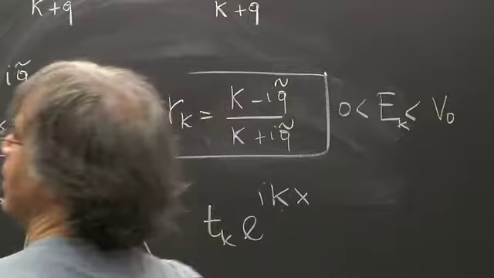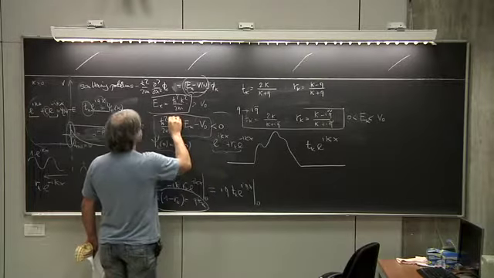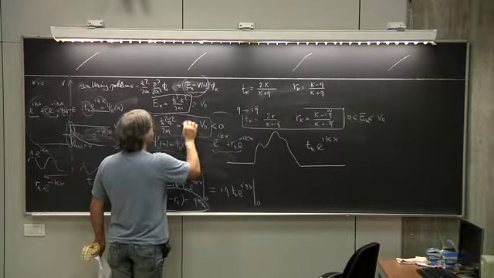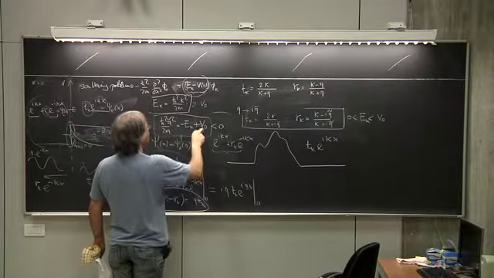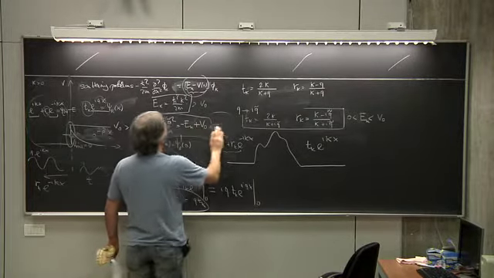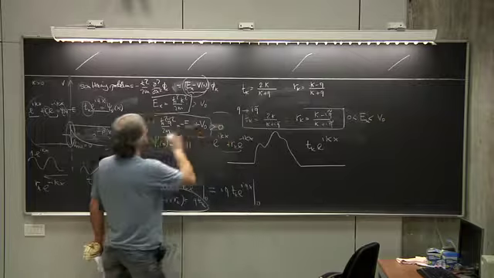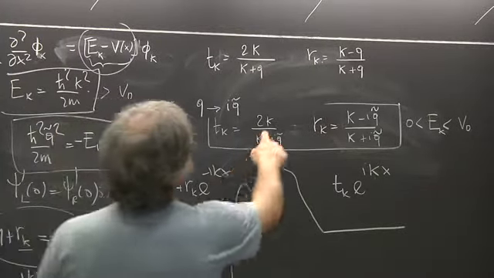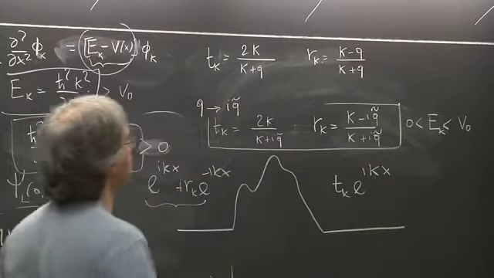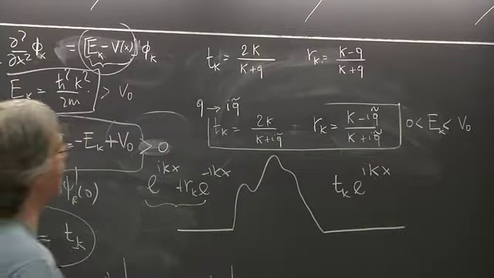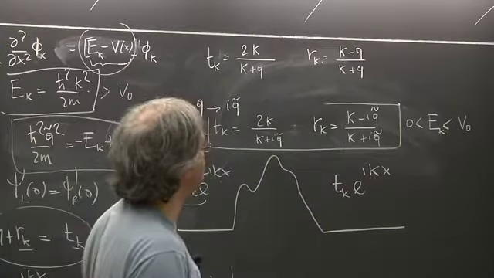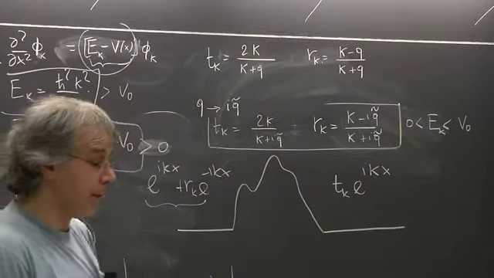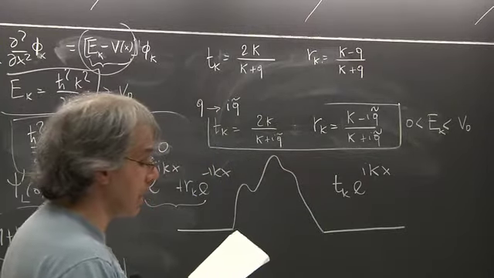K, Q tilde, by the way, Q tilde is given by exactly the opposite thing. So it's V0 minus E, which is now positive, obviously. So you can calculate the ingredients in these two equations and tell me what is R, the reflection amplitude, and T, the transmission amplitude.